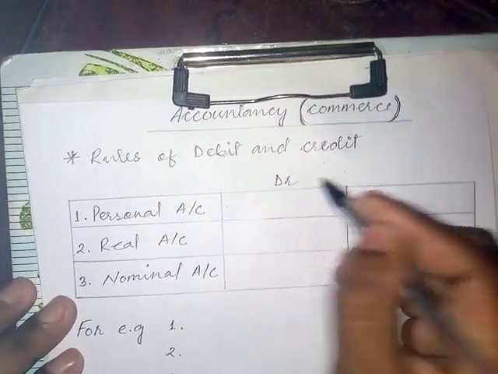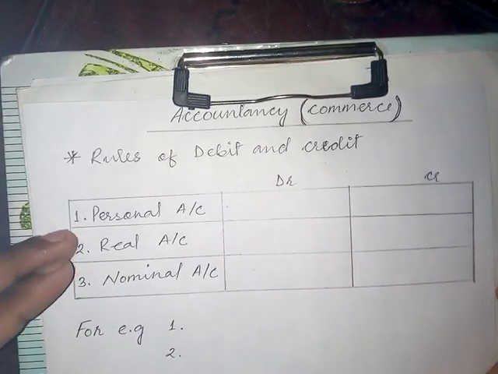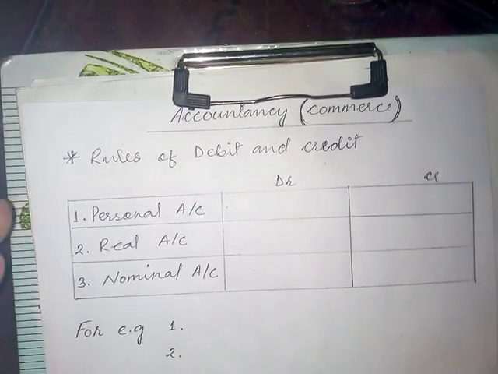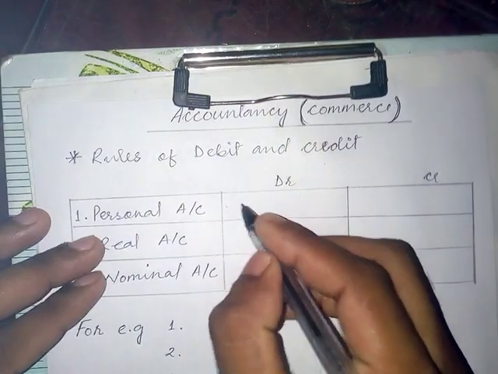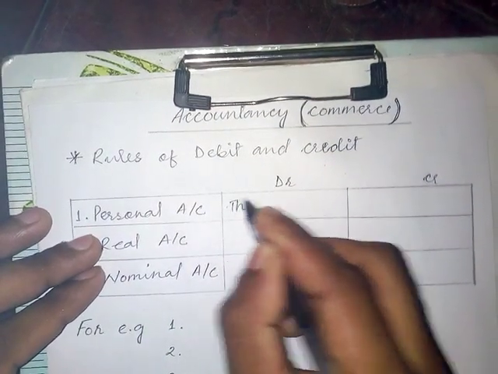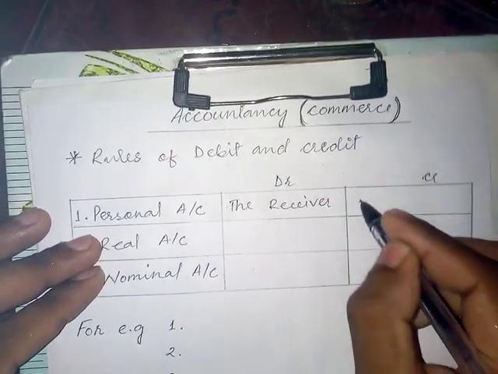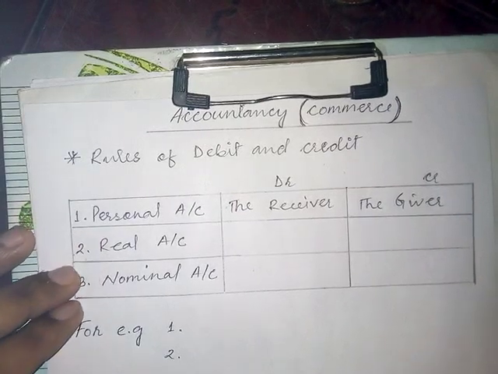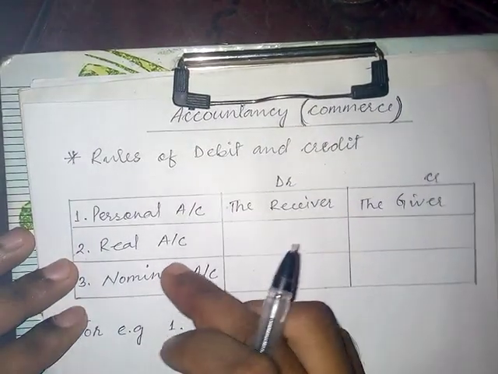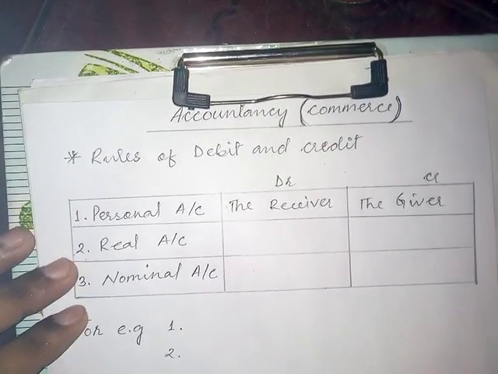So let's take this as debit and this as credit. A personal account means the account which is related with a person. In personal accounts, debit means the receiver and credit means the giver. Real accounts are those accounts which are related to goods, or you can say things.